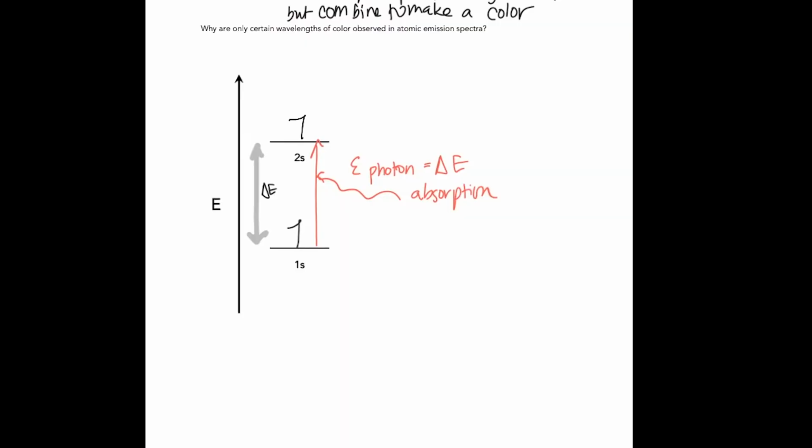But will the electron hang out in the 2s orbital forever? No. Eventually that electron has to fall back to the ground state. When this happens, for the electron to have its old original lower energy, the electron will release that same photon back out to the surroundings. And that photon has an energy equal to the energy difference between the 1s and 2s orbitals.